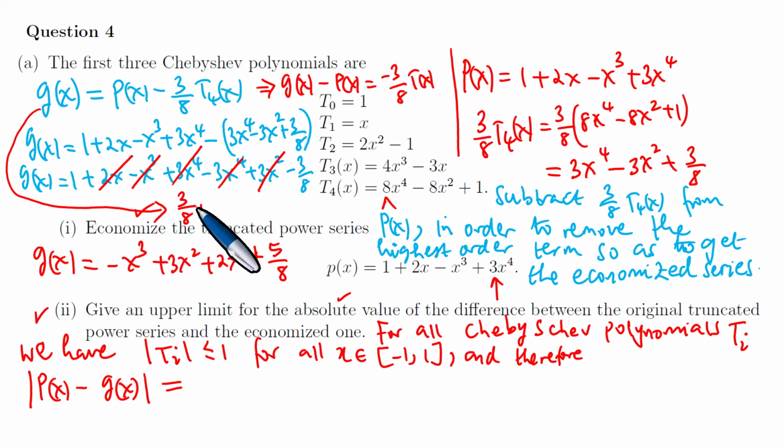3 over 8 T4 of x, which is p of x minus g of x. So the modulus of p of x minus g of x is the same as the absolute value of 3 over 8 T4 of x.